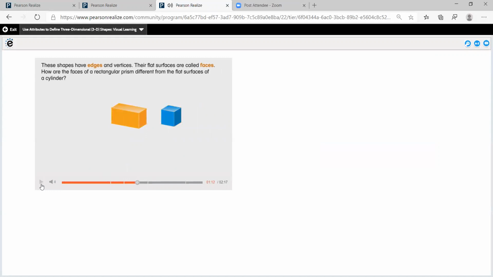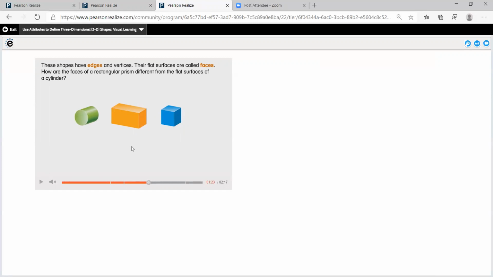These shapes have edges and vertices. Their flat surfaces are called faces. How are the faces of a rectangular prism different from the flat surfaces of a cylinder?